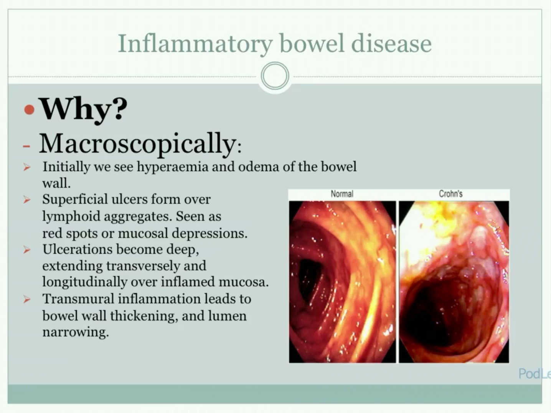And transmural, which essentially means through the full thickness of the bowel, this inflammation leads to bowel wall thickening and lumen narrowing. And if you can understand this disease process, you can then better understand some of the complications of Crohn's disease.